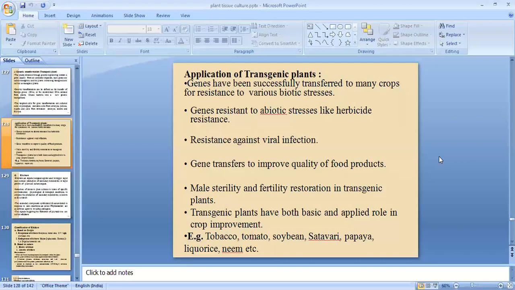Gene transfer also improves the quality of food products, and it is helpful in male sterility and fertility restoration in transgenic plants. Transgenic plants have both basic and applied roles in crop improvement. Here I have given examples of plants where transgenic plants have been obtained: tobacco, tomato, soya bean, shatavari, papaya, licorice, neem, etc.